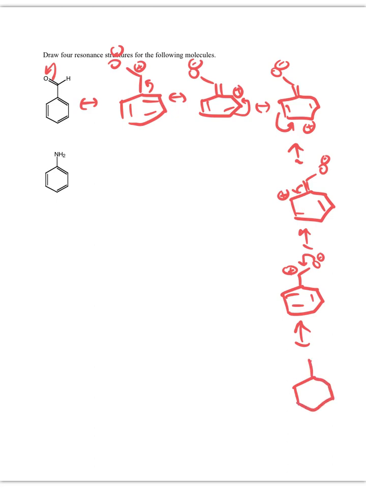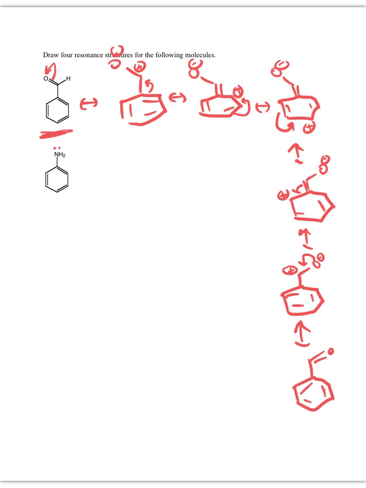Send it back in from the oxygen. We reform the carbonyl and get the 3 double bonds in the ring. Okay, and remember, when you draw resonance structures, the one I gave you does not count as one of the 4 or 6 that you have to draw because I gave it to you. I don't give points for the stuff I draw.